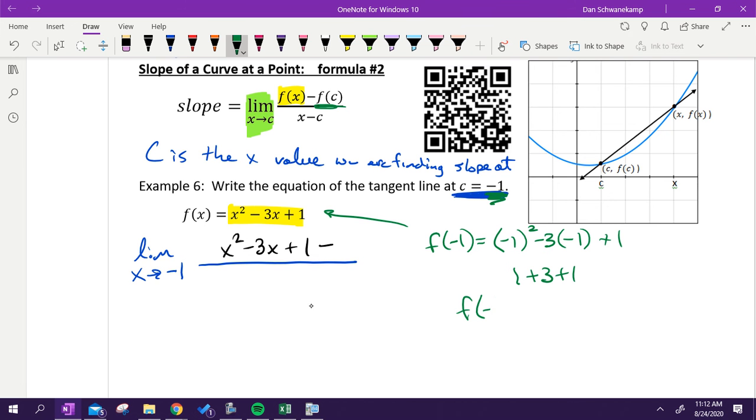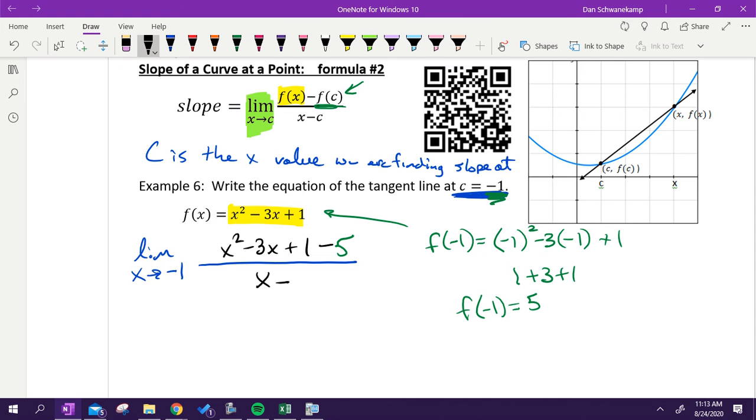F of -1 is going to get me 5. So it's going to be minus f of c. So what am I putting for f of c? Minus 5. There's that.